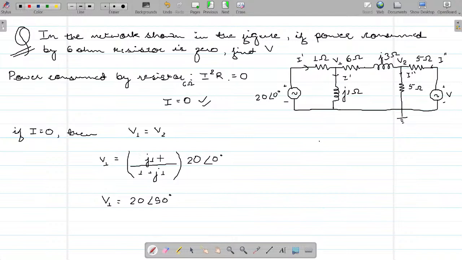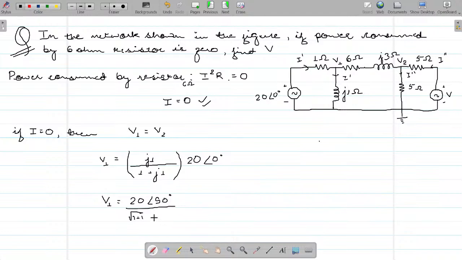What is j1? Can I write it as 1 angle 90 degrees? So what will our equivalent be? This would become root over 1 plus 1, and the angle would be tan inverse of 1 by 1, that would be tan inverse 1.